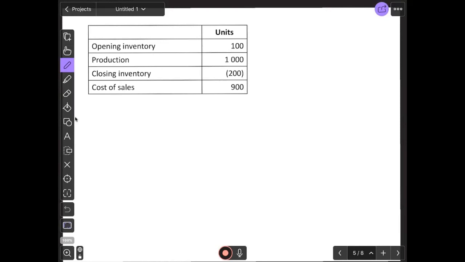Remember, activity-based costing just allocates the costs more accurately between products, but if you add it up together, we will end up with the same value. So I wouldn't worry about that integration.